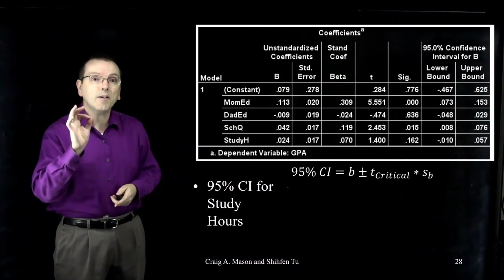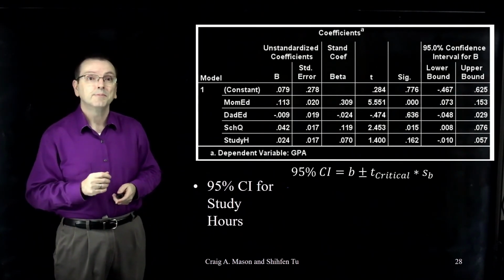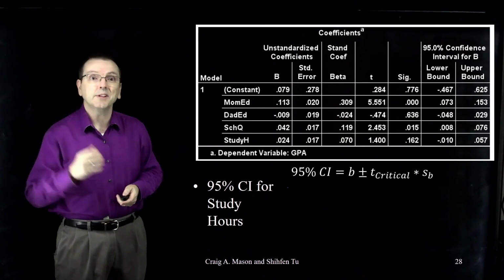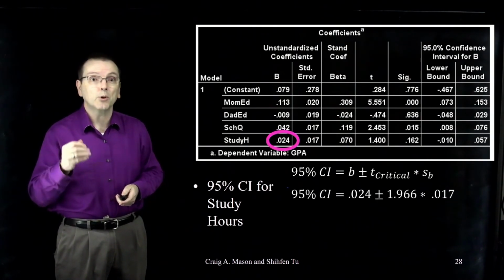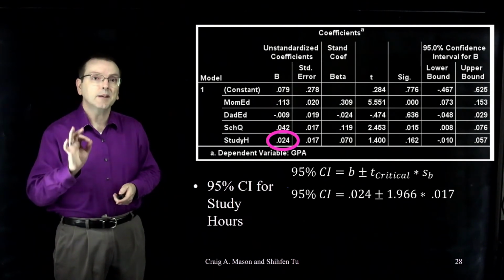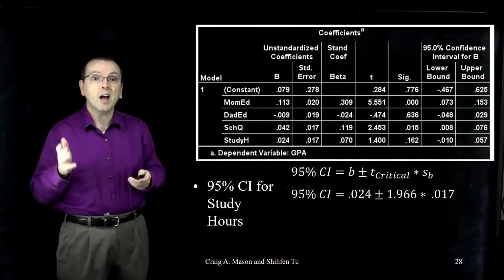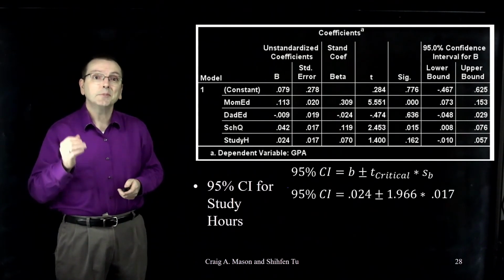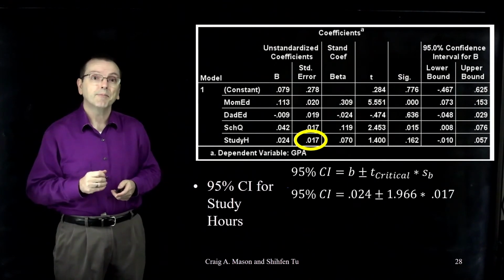Now, let's calculate the 95% confidence interval for study hours. Our 95% confidence interval would be our B, or 0.024, plus and minus the same critical t-score of 1.966 times the standard error of 0.017.